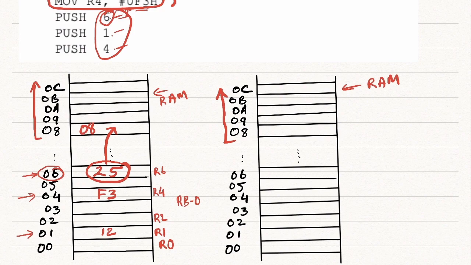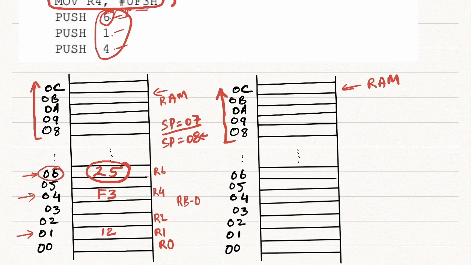Because the stack pointer is 07, and the moment the push instruction comes, the stack pointer will increment and become 08, and to that location, 08, the content of 6 will be moved. So the data which is there in R6, sorry, I'll just remove it, it is not 08 here.